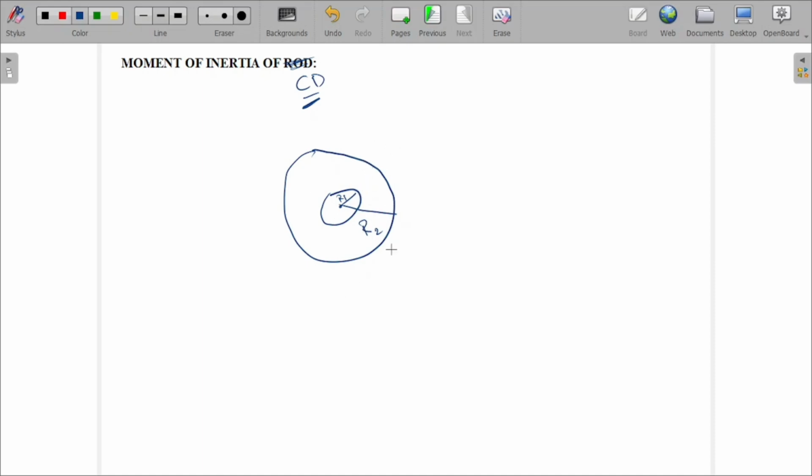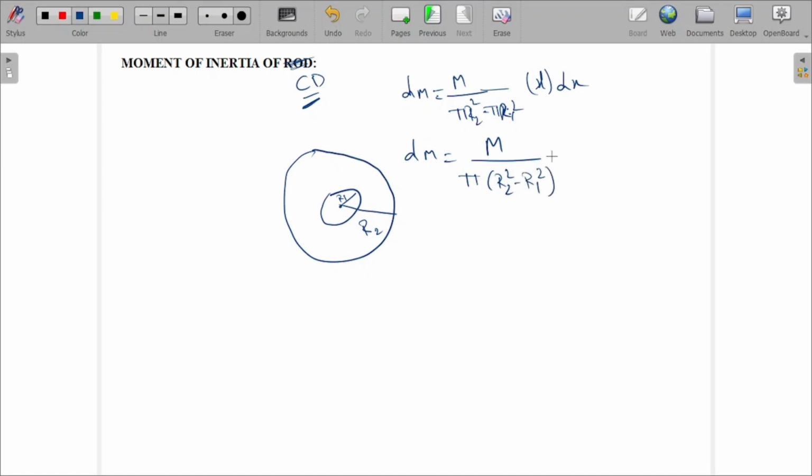Right. So from this, what will be the dm? dm equals M by area. What is the area? Pi r2 square minus pi r1 square, into length, into dx. So dm equals M by pi common, r2 square minus r1 square, into length.